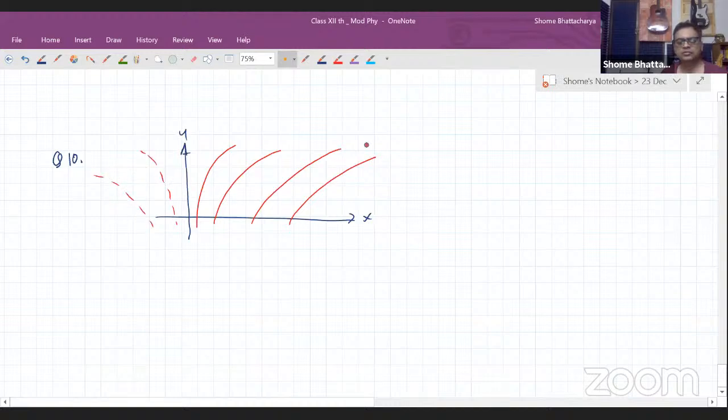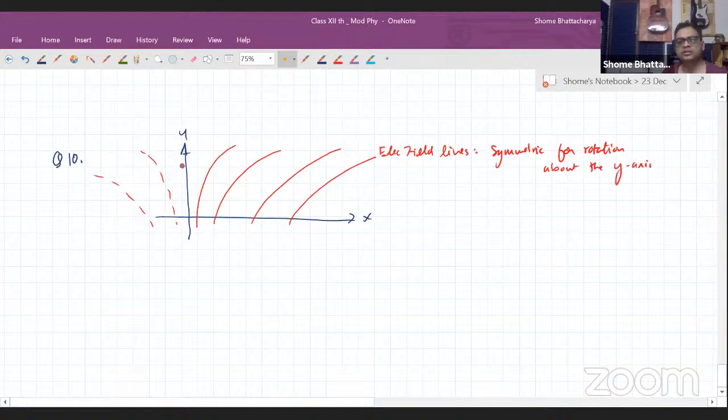So that means they are symmetric for rotation with respect to the y-axis. Okay, so these are electric field lines. They are symmetric for rotation about the y-axis. So that is what will show you that because they're symmetric, that means at such a point the electric field will be like this. At such a point the electric field will be like this.